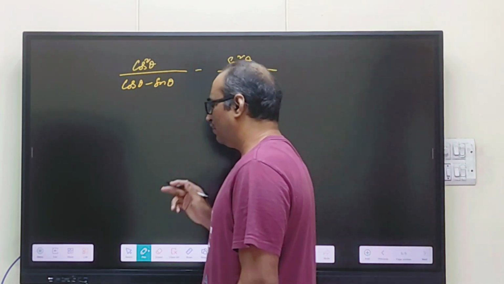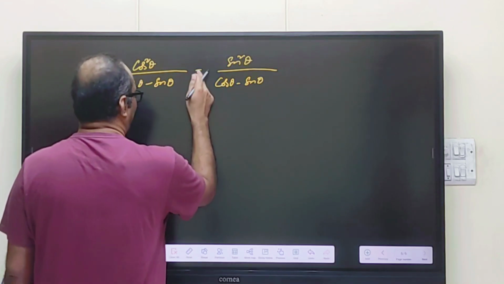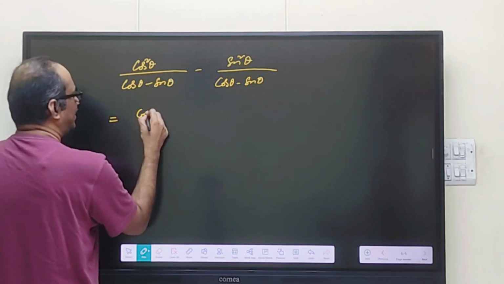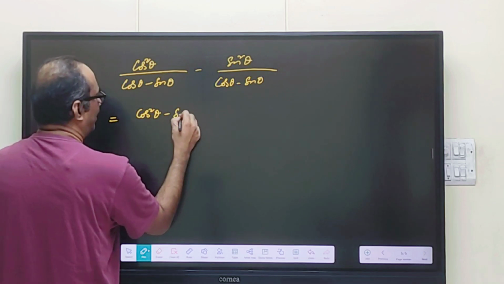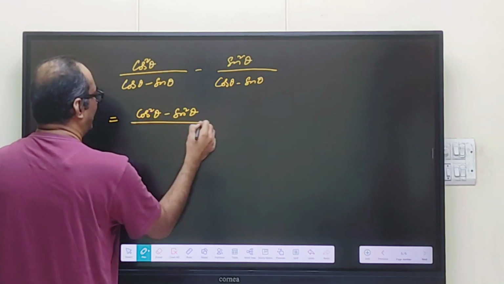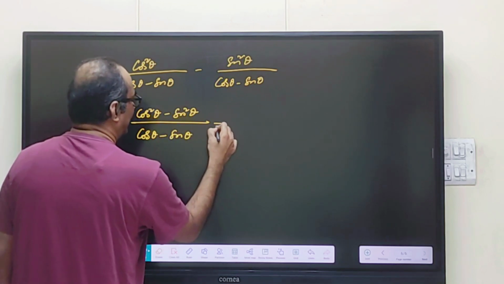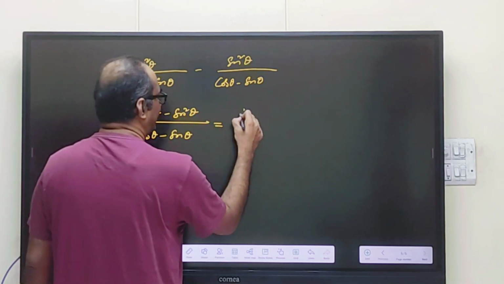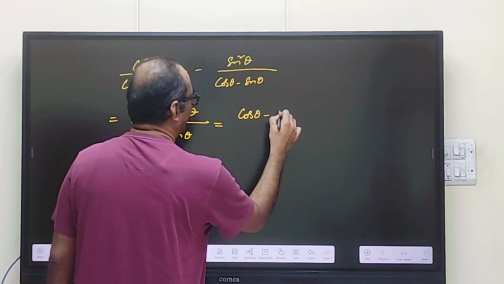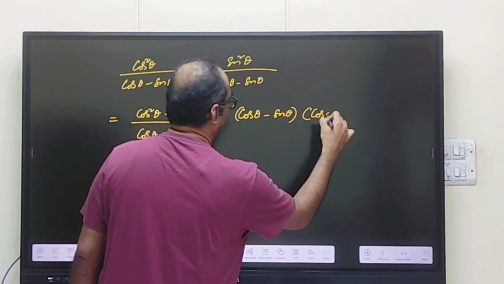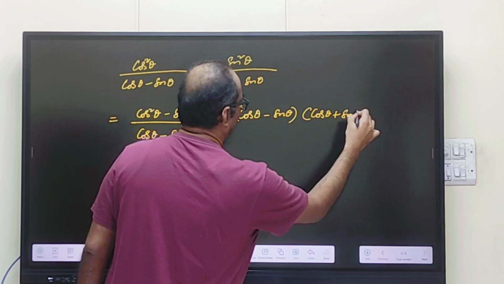We tried to make both the denominators the same. So we kept minus out and we got cos theta minus sin theta. So this will become cos square theta minus sin square theta divided by cos theta minus sin theta. Now as we discussed, we have A square minus B square. We need that, then only we will get A plus B. This is A minus B into A plus B divided by A minus B.